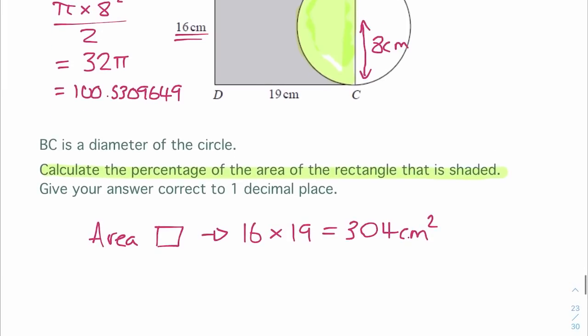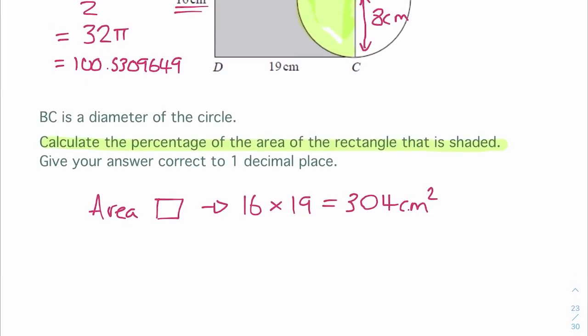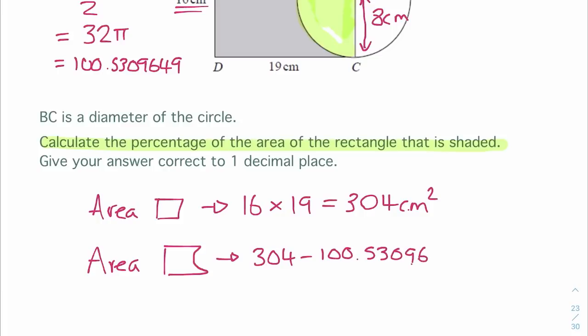So the area of the shaded part is going to be the area of the rectangle, take away the area of the semicircle. So now we're just looking at this sort of shaded part that looks a little bit like that. So to work that out, the overall area is 304. We're going to take away the semicircle, which is 100.5309649.